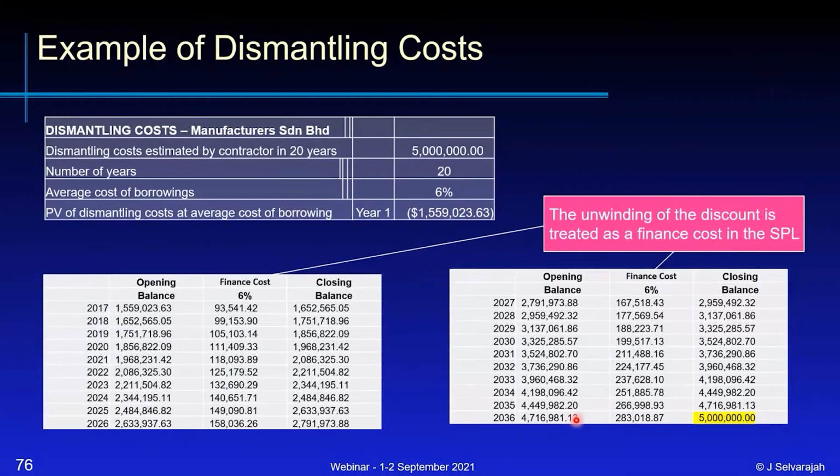Obviously, it's quite simple. Now this, I've done it on spreadsheets, and I've just extracted the spreadsheets here. So let's look at the primary data here. The dismantling costs, right? So the dismantling cost estimated by the contractor in 20 years is 5 million. So the number of years is 20 years. Average cost of borrowing, 6%. How do you get? This is a question day in and day out.